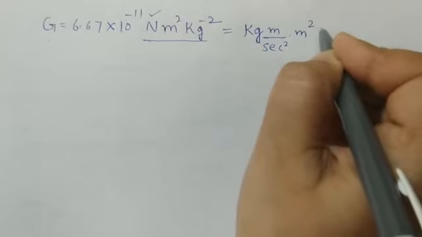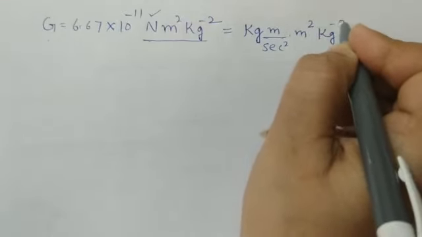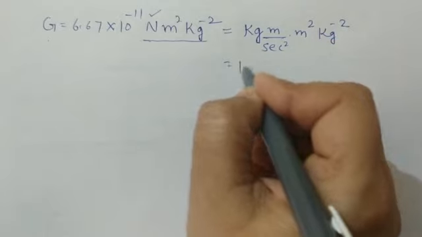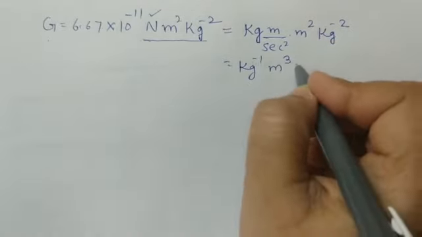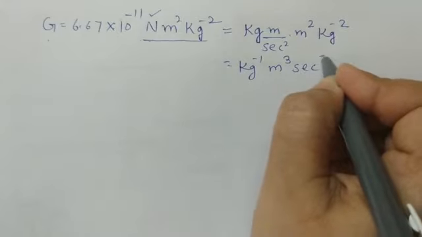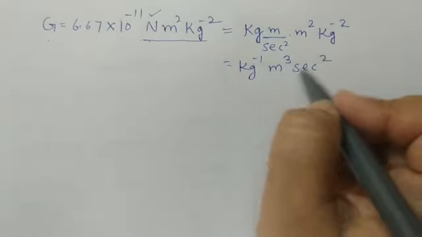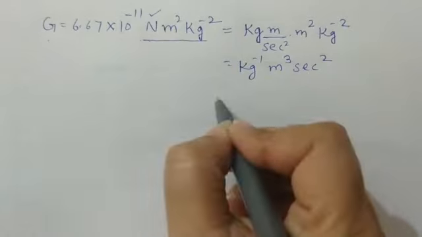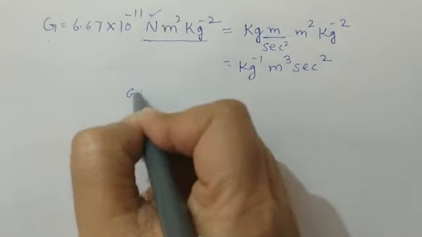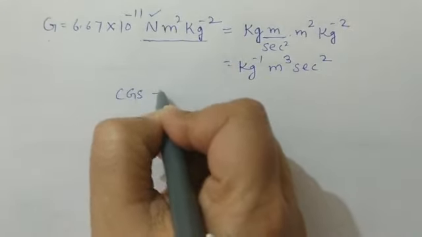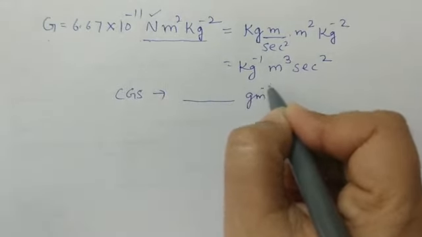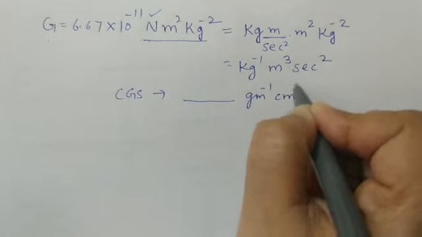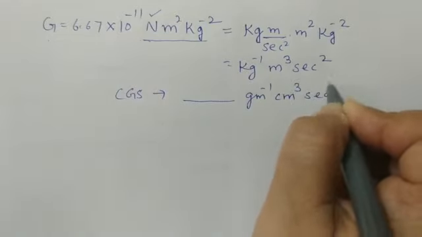Here it is meter square, kilogram minus 2. So this is kilogram minus 1 meter cube second square. So this will be converted into CGS system. So in CGS system, its unit will be gram minus 1 centimeter cube second square.